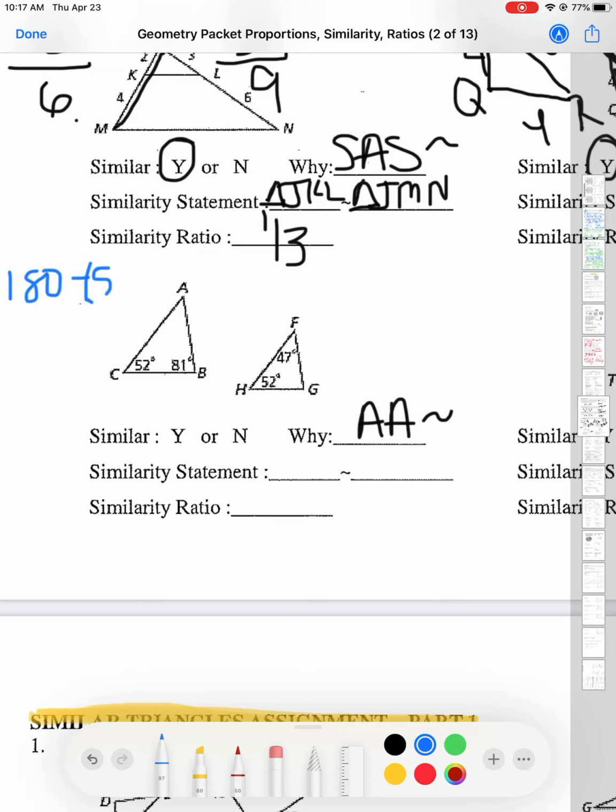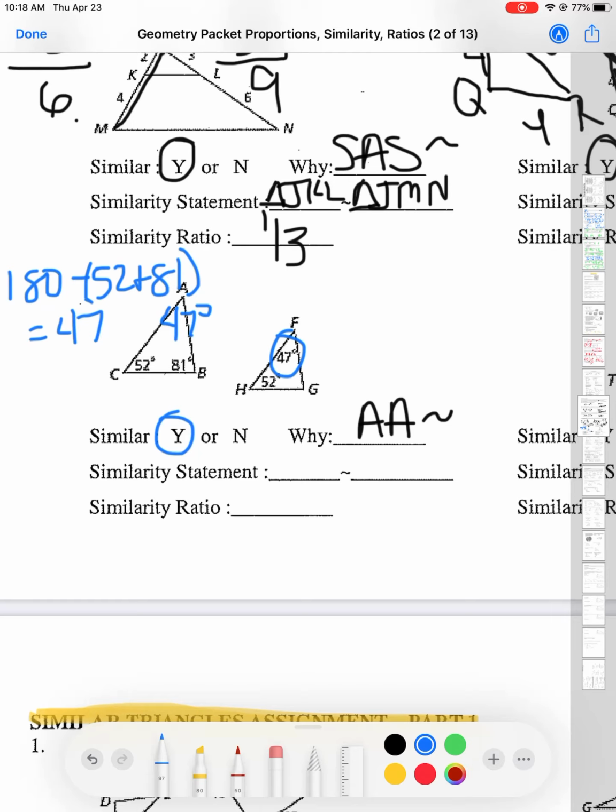So let's go ahead and do that. 180 minus 52 plus 81, and that gives us 47. Okay, good. So 47 degrees, which is this angle right here.